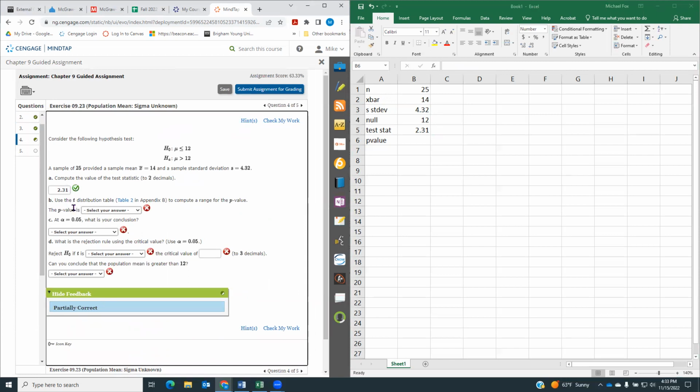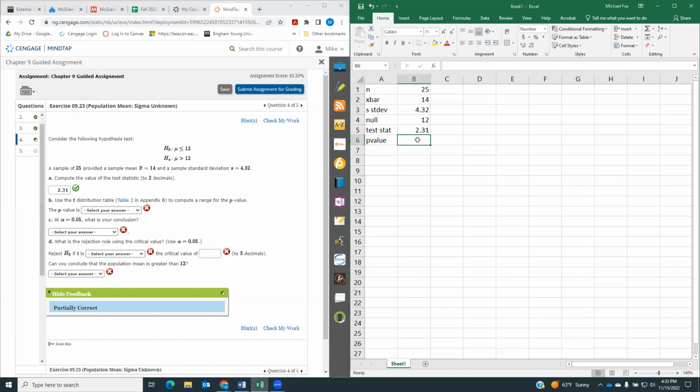This tells us to use the t-distribution table, table 2 in appendix B, to compute the range for the p-value. You can use the table if you want, but I just use t.dist. And what's cool about the t-distribution is it gives you a 2T for a two-tailed or an RT for a right-tailed. So I'm going to use RT because this is a right-tailed test, because we're testing that the alternative hypothesis has gotten bigger.